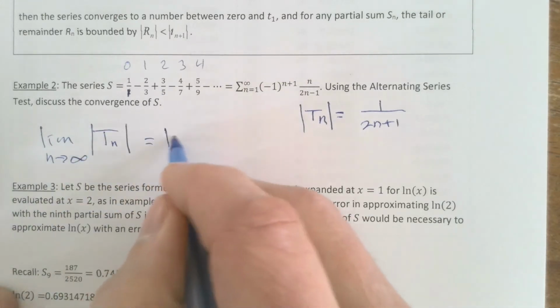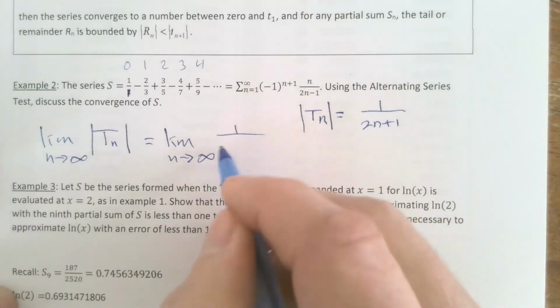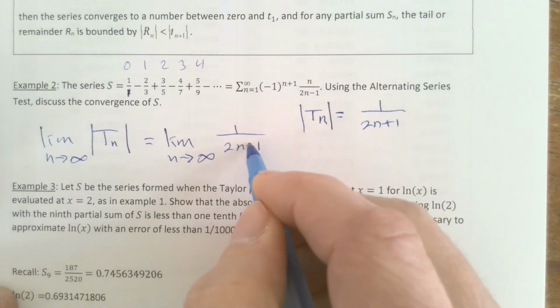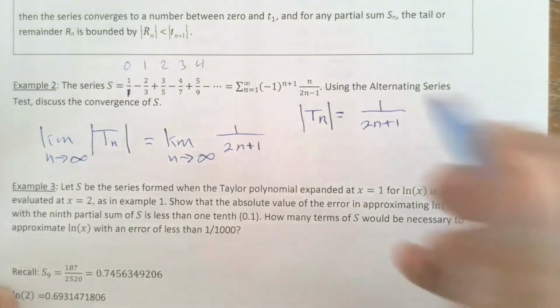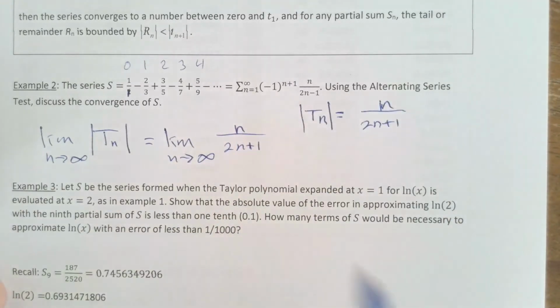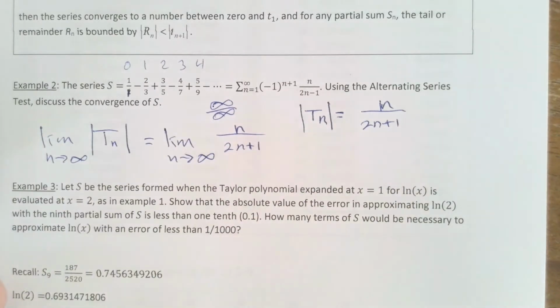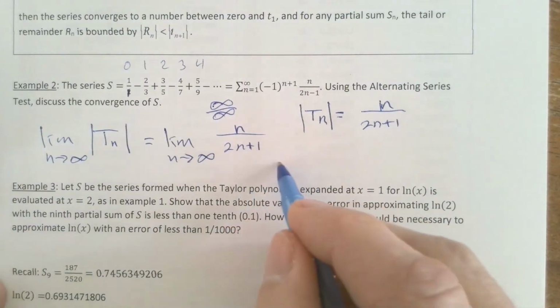That's the limit as n goes to infinity of n over 2n plus 1. Oh, I forgot the n up here. All right. This is clearly not 0. This has got a form of infinity over infinity. What does that mean? It means you should apply L'Hopital's rule.